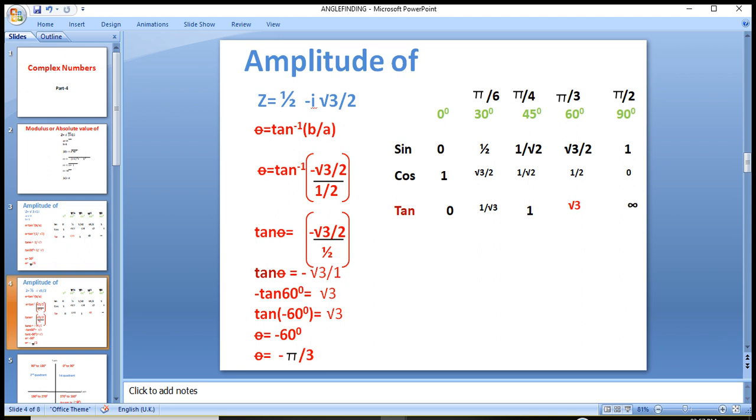To remove the inverse, tan goes to the left side. Now 1 by 2, you are seeing the 2 is cancelled, and now minus root 3 upon 1 is left.